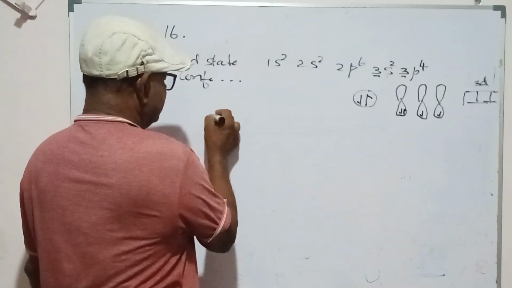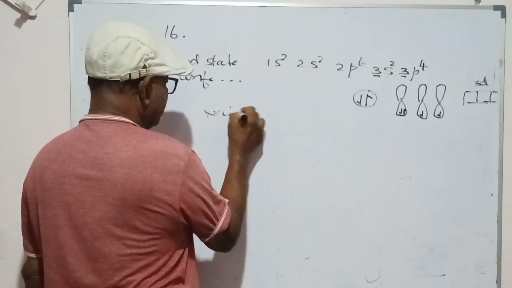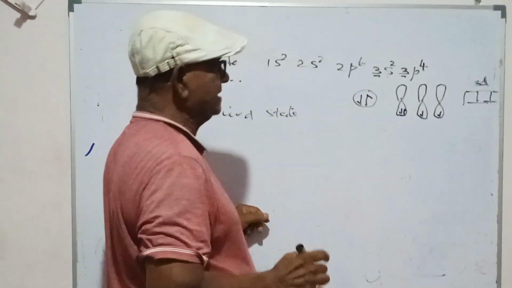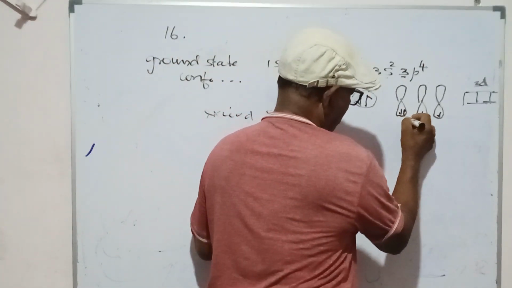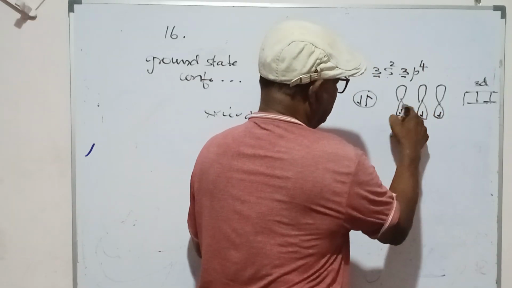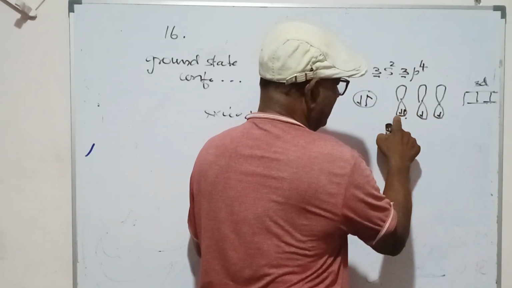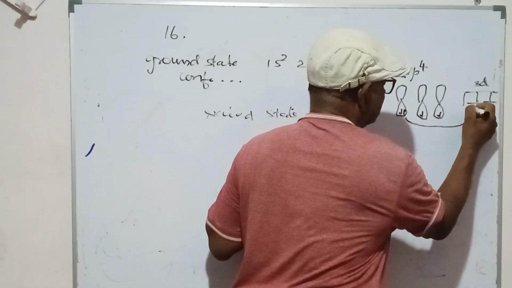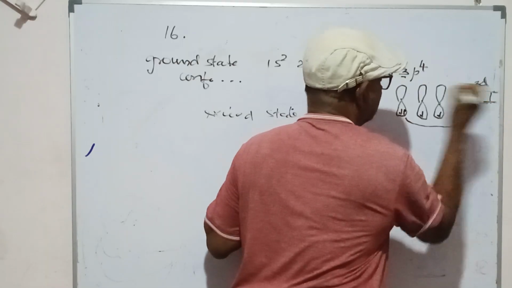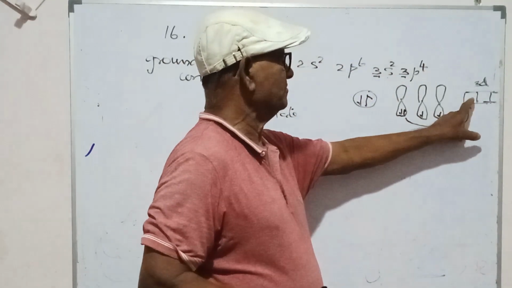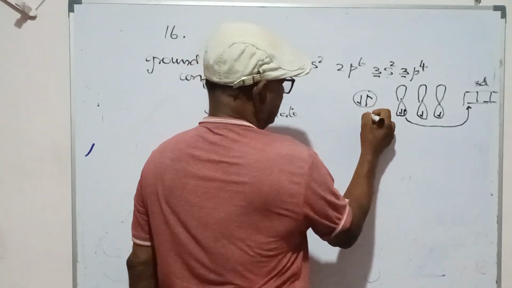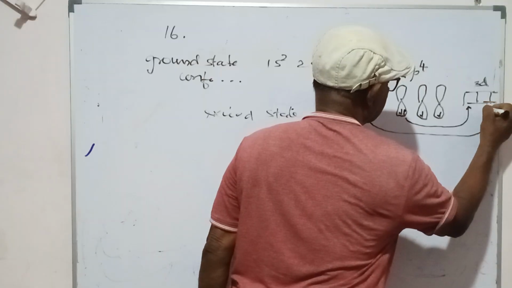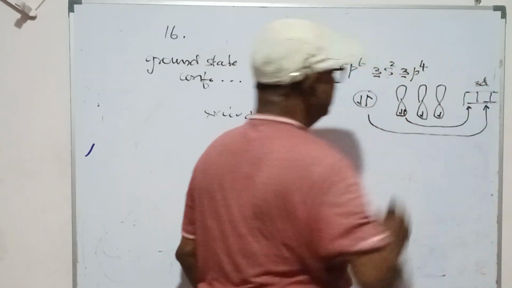Then it becomes the excited state. One electron of the filled p orbital is transferred to one 3d orbital, and a 3s electron is also transferred to the other 3d orbital.